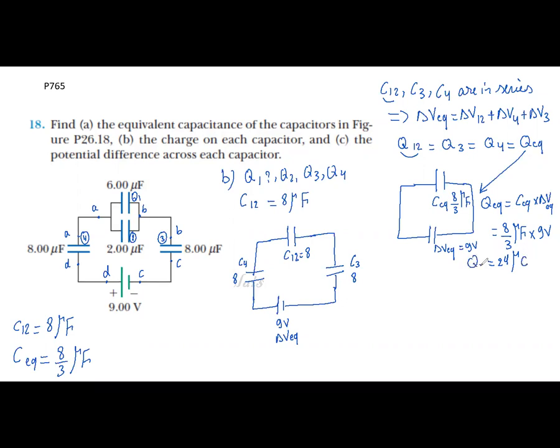So Q equivalent equals Q4 equals Q12 equals Q3 equals 24 microcoulomb.